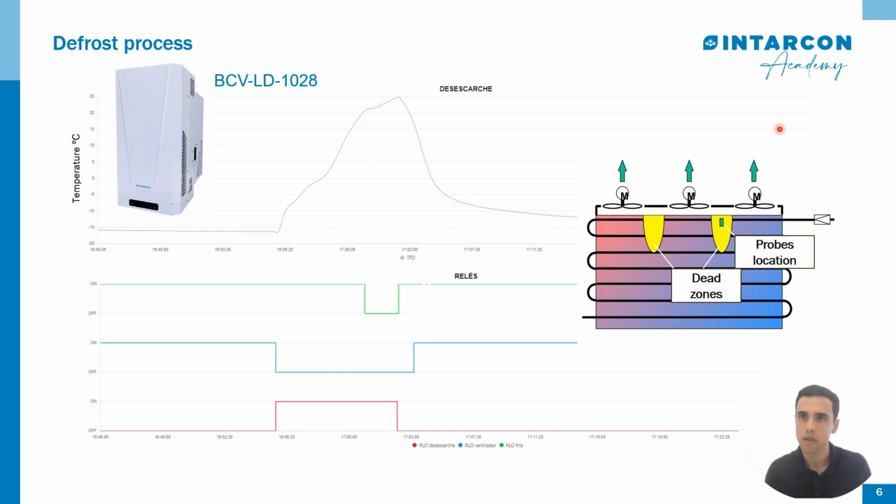This ensures that on detecting a temperature above 2 degrees you can say that all the ice has melted. For optimum location, the probe should be close to the expansion valve and away from the defrost heater. This avoids inaccurate readings that could stop defrost prematurely.